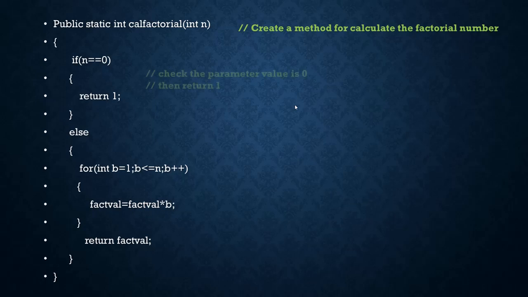First I check if the parameter value is 0. If it is 0, then obviously my program will return the factorial value as 1. But if not, I go to the else part and calculate the factorial value.